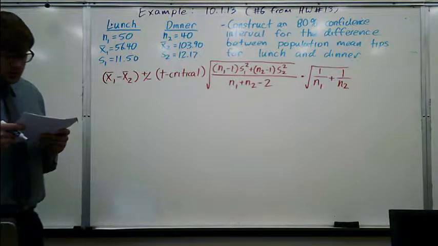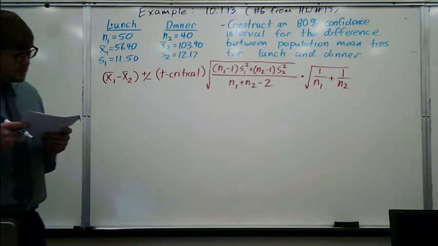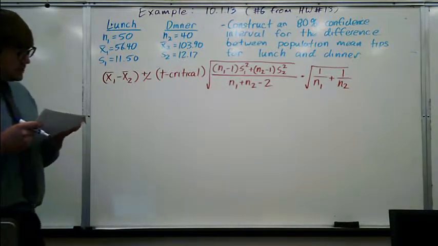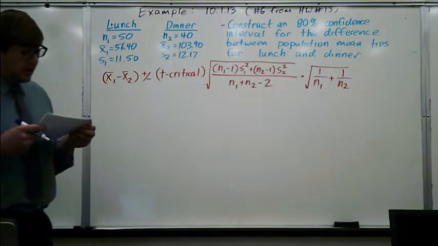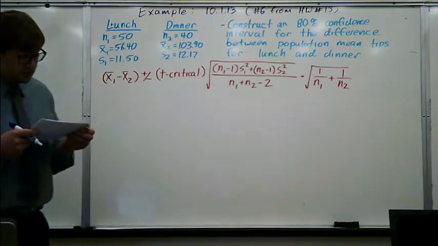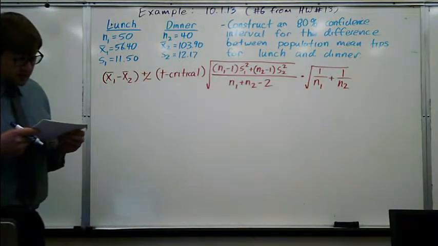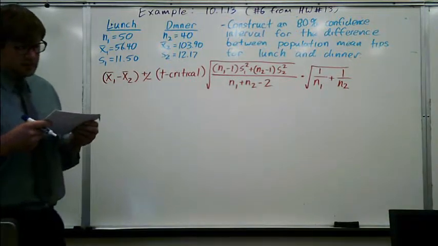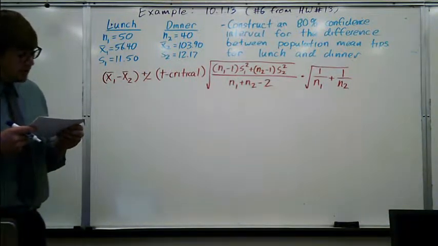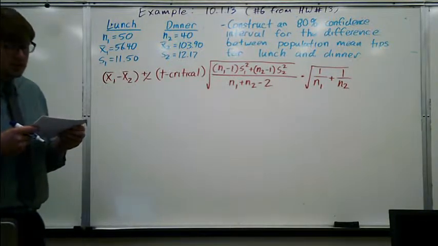To do this, she randomly selects 50 tip reports from the lunch servers over the past year and 40 tip reports from dinner servers. The results given below were observed. Assuming equal population variances, develop and interpret an 80% confidence interval estimate for the difference between the population mean tips earned by lunch servers and by dinner servers.